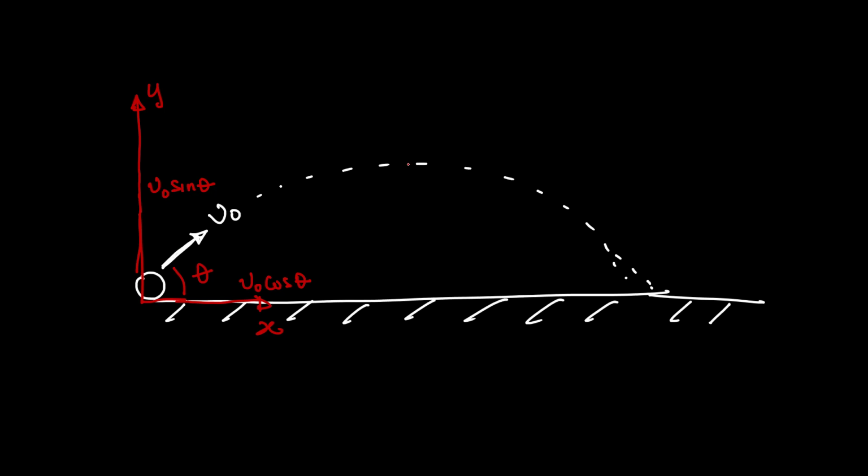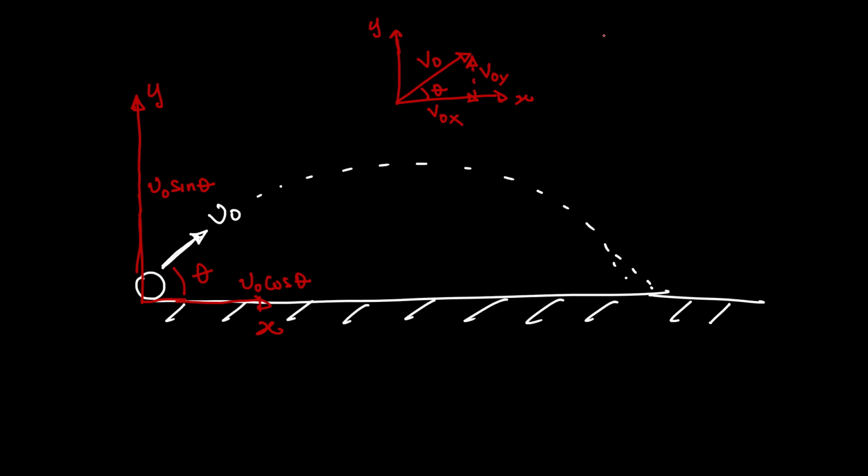Now just as a review, if you draw this triangle, this is v naught. You have the x-axis, you have the y-axis. This is v0y, and this is v0x. This angle right here is theta.